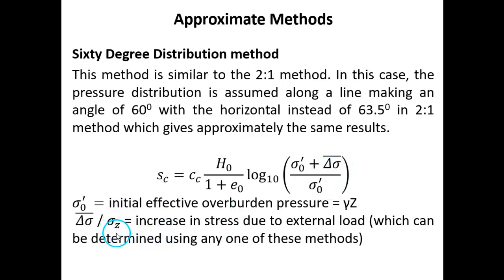Both are the same. Delta sigma dash or sigma z, both are the same. This delta sigma dash is the increase in stress due to external load like foundations. This value can be determined using any one of these methods like Boussinesq method, Westergaard method, Newmark's method or approximate methods.